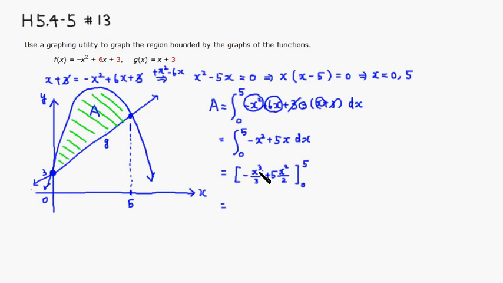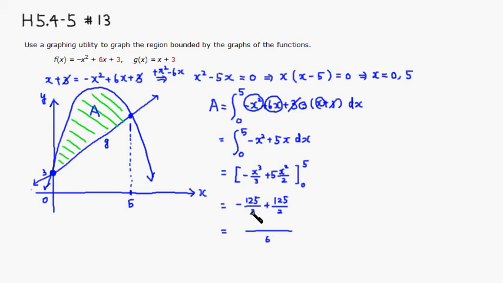Plugging in 5, it's going to be negative 5 cubed, which is 125, over 3. And plugging 5 here, 5 squared is 25, times 5 is 125, over 2.